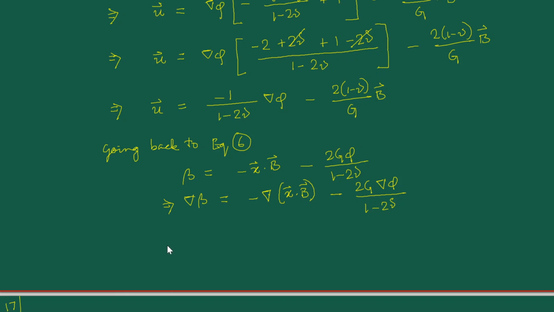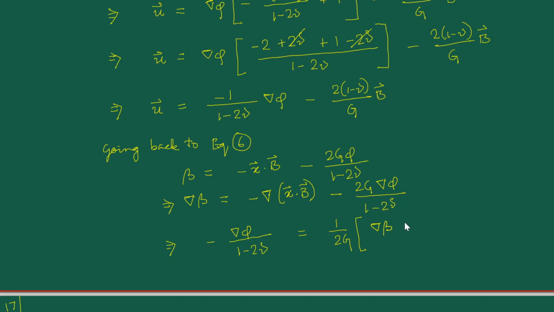So I can write minus grad phi divided by 1 minus twice nu as equal to 1 by twice g. I'm skipping a step here: I'm dividing throughout by twice g, and taking this to this side, so this one and this one will be on the same side.